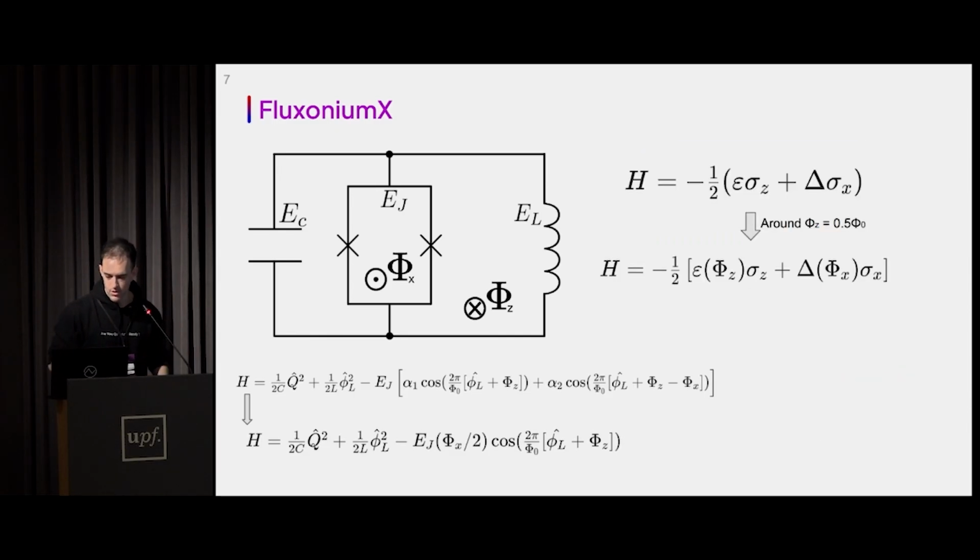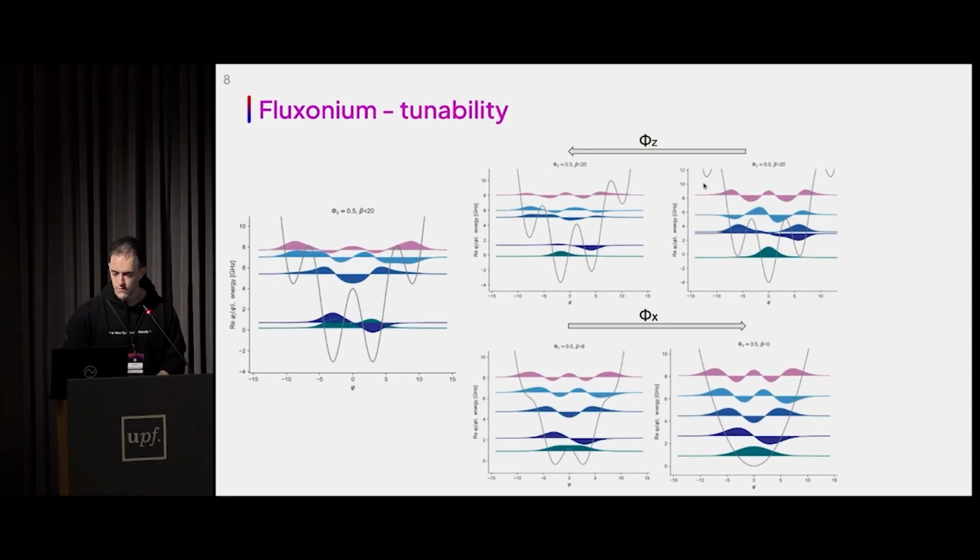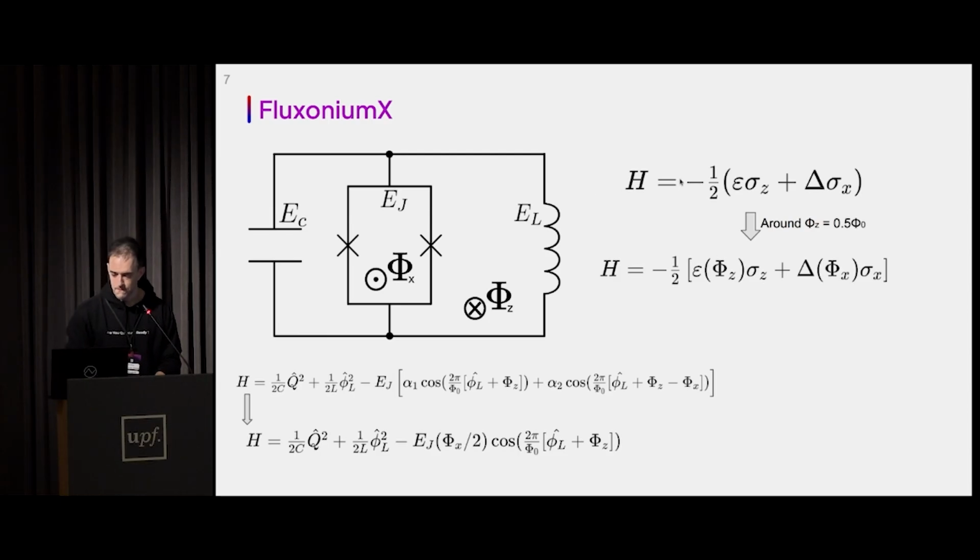And just a note, because this is a conference about quantum annealing, you've probably noticed that we call this flux phi z and this flux phi x. This is related to the fact that around phi z at the sweet spot, if you have an Ising Hamiltonian, then you can understand this.